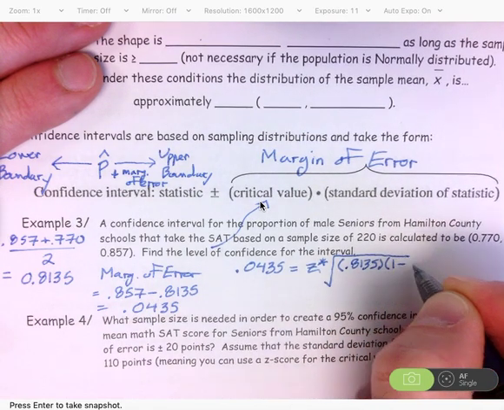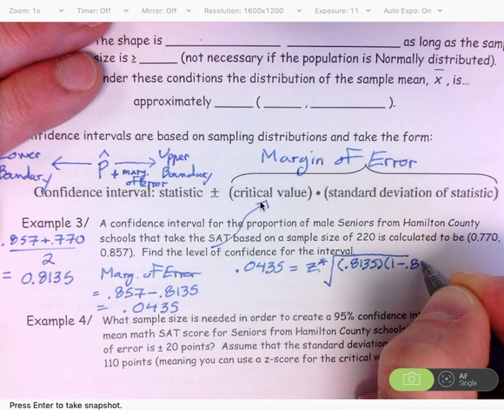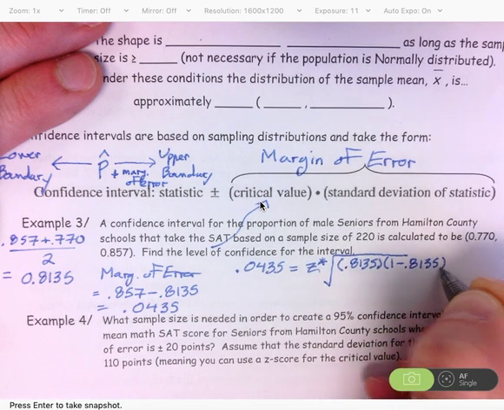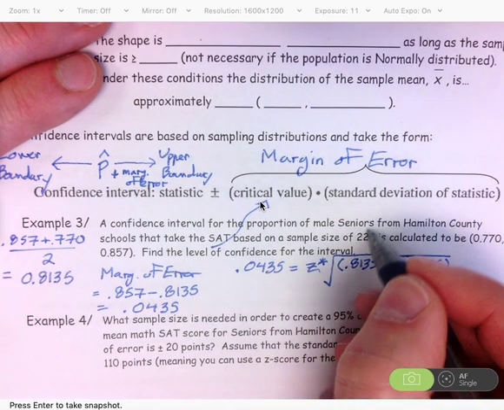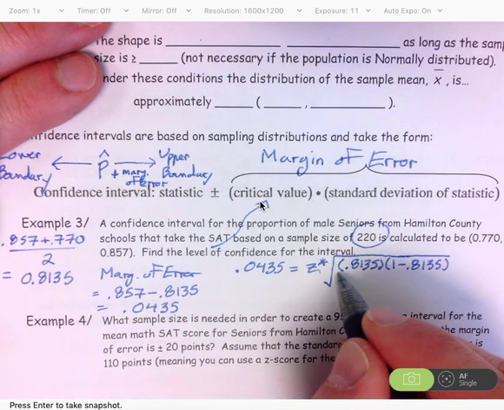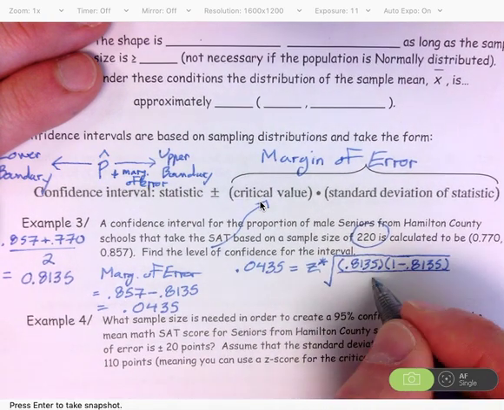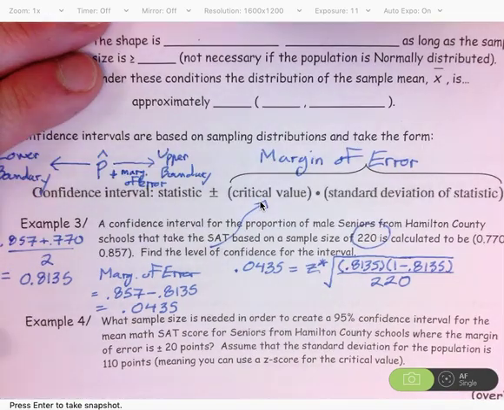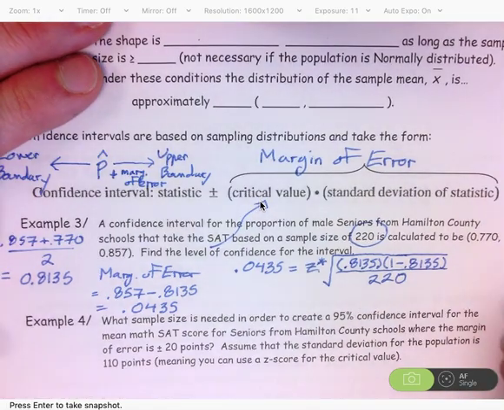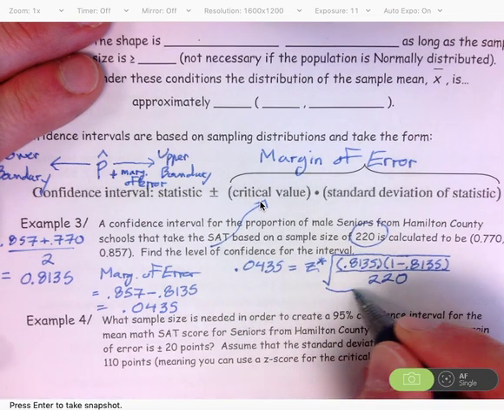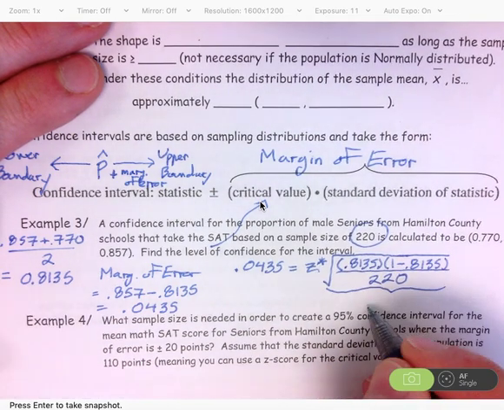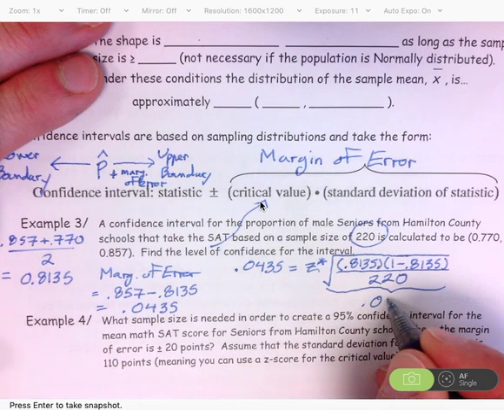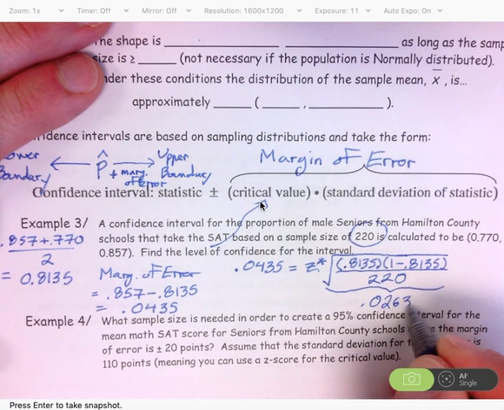And I would take 1 minus that statistic, 1 minus the 0.8135. So it was convenient that we were told the sample size was 220, because I can divide by that 220. And that will give me the standard deviation that was used to find the margin of error. So if you simplify this, the standard deviation is about 0.0263 if we round it.